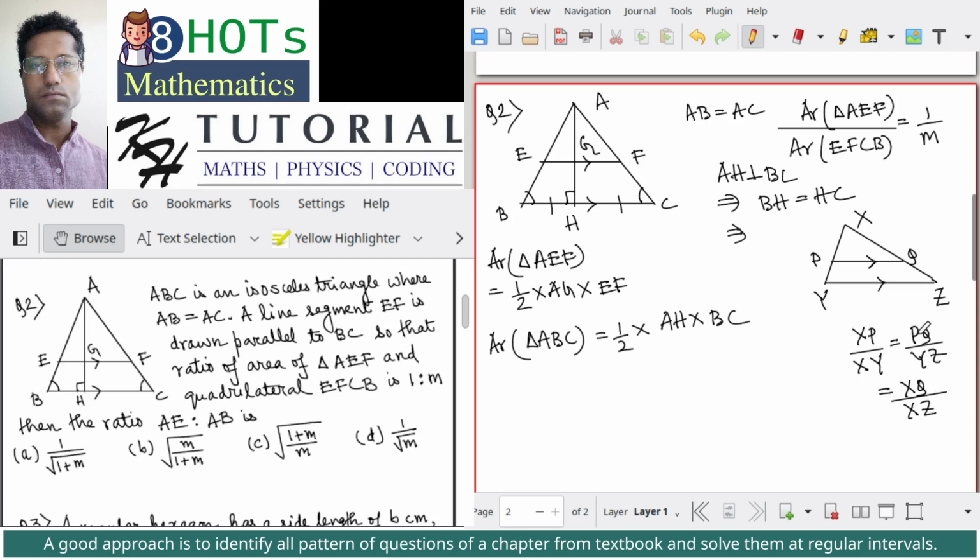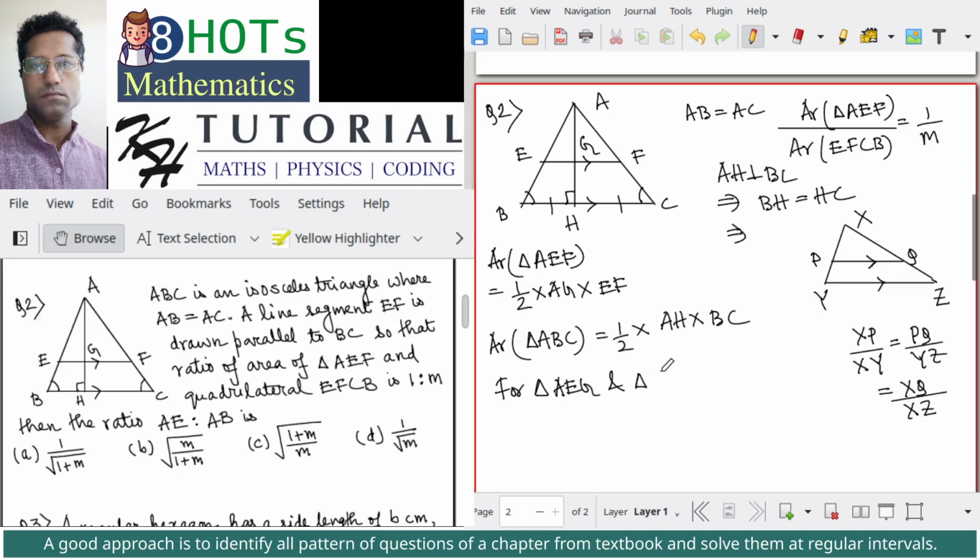This concept I can apply to triangle AEG and triangle ABH, for AG and AH.